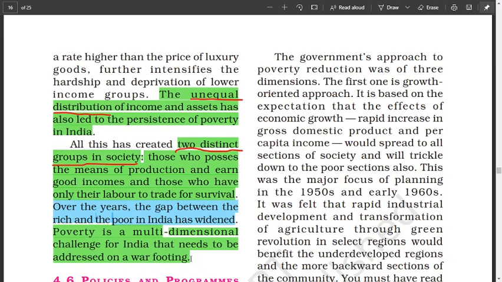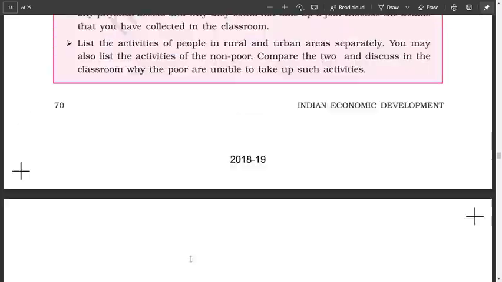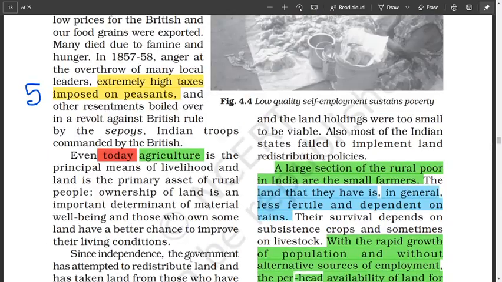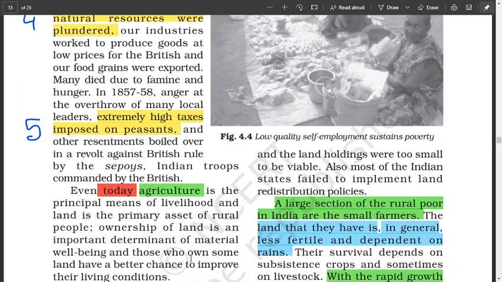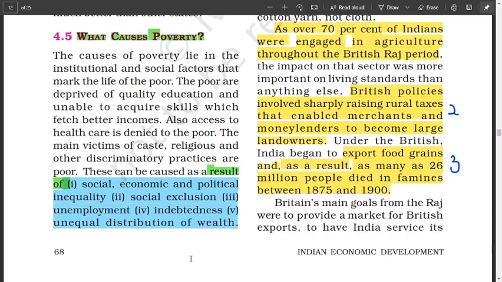So these are some of the ideas to know about why in India, even after independence, we still live in an impoverished position. The majority of people are poor. And if you list down these causes like we've done, we can see that poverty can be the result of social, economic, and political inequality: inequality in society, inequality in economic activity, inequality in political opportunity.